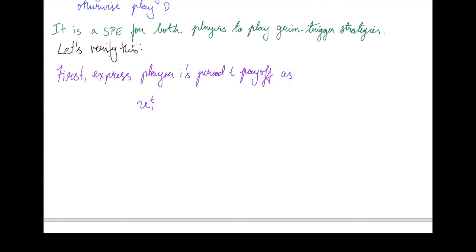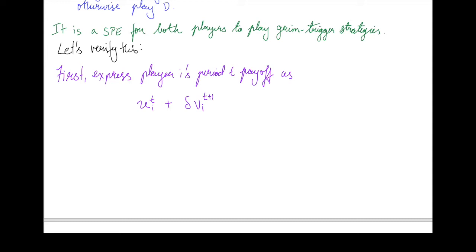So in period t, from the perspective of player i, sitting at the information set at period t, when they look forward down the game tree, their payoff is going to consist of the payoff they get from period t itself, plus the continuation value they get starting at period t plus 1, but we have to multiply that by delta in order to compare today's payoff, today being period t, and tomorrow's payoff, tomorrow being t plus 1. So if we want to convert utility of tomorrow into utility of today, we multiply it by the discount factor. And then we can add it to utility of today, which is u_i of t.